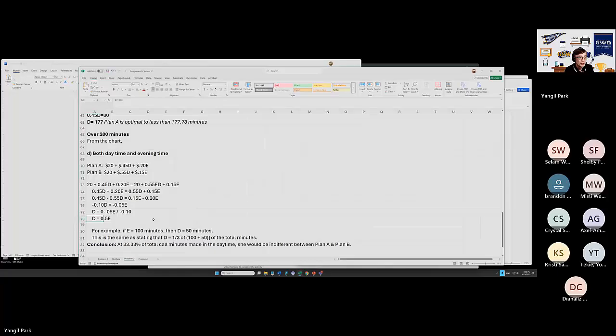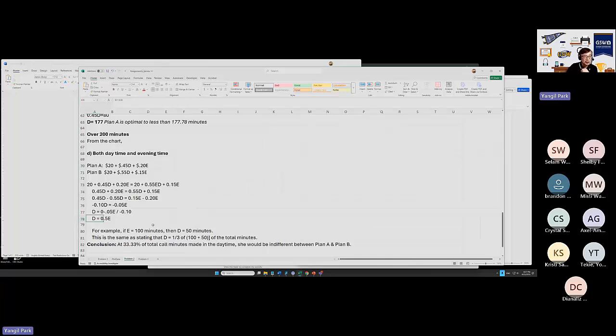Okay. So what's the fraction of it? What's the percentage between evening time and daytime? You have to add both evening time and daytime to end up with 150, right? So 50 over 150 is 1/3.